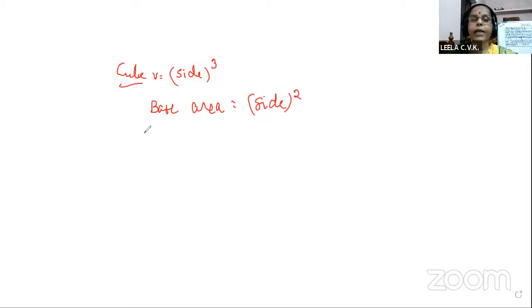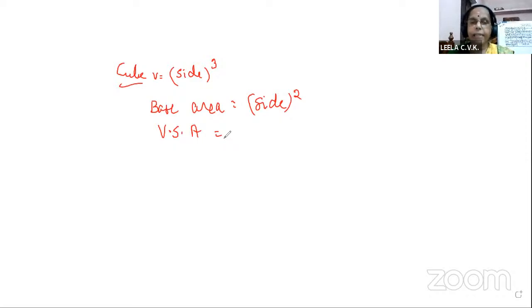Now we have to write vertical surface area, vertical or lateral, it is the same. Just like our cuboid, the only thing is that all the dimensions, length, breadth, height, are equal. So only one L is there, L or A, that is the side. All the sides are equal. So there is the base, the top, and 4 vertical sides.